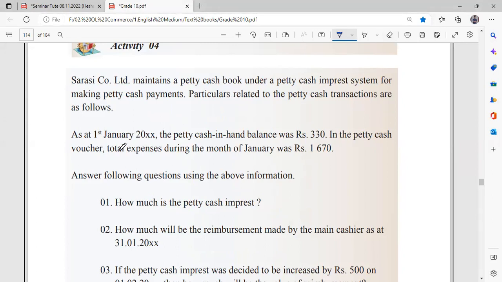Now you need to draw the timeline, right? As at 1st January 2022, the petty cash in hand balance was rupees 330, right? In the petty cash voucher, the total expenses during the month of January was rupees 1,670.